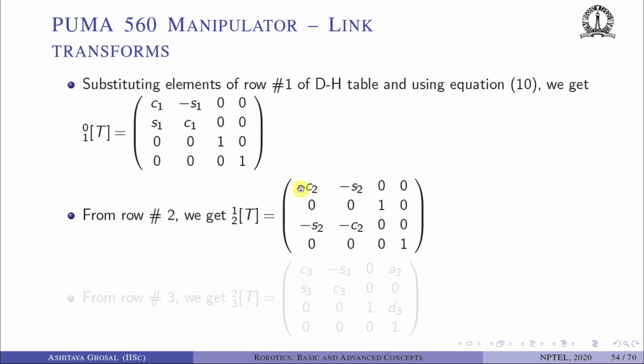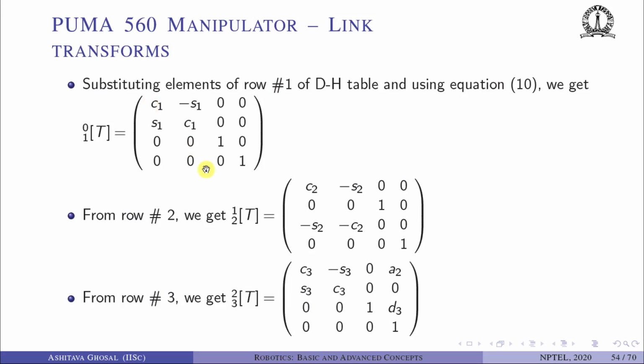So it will be a function of theta 2. 0, 1 will be a function of theta 1. For 2, 3, it will be a function of theta 3, and this link length A2 and D3. Okay, so you can work it out and you can show. All we need to do is take each row and put it into the general form of the expression for the link transformation matrix.